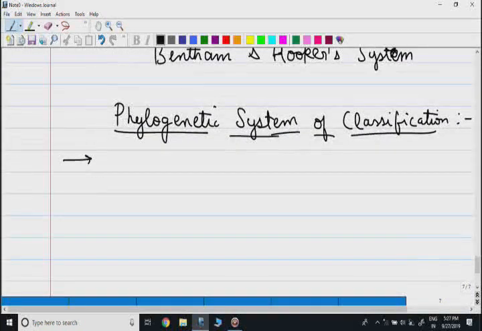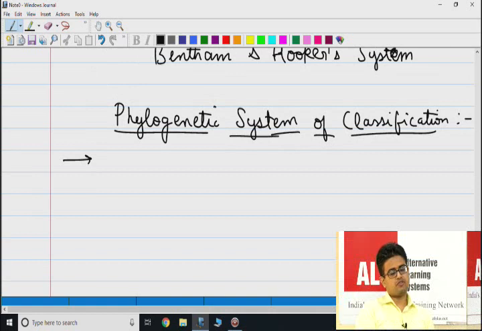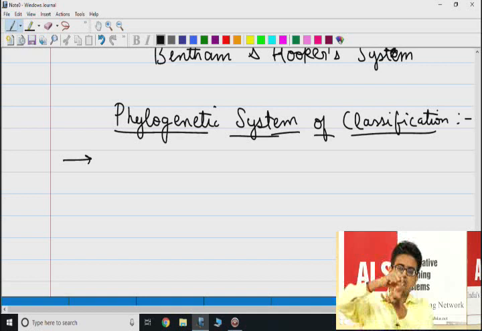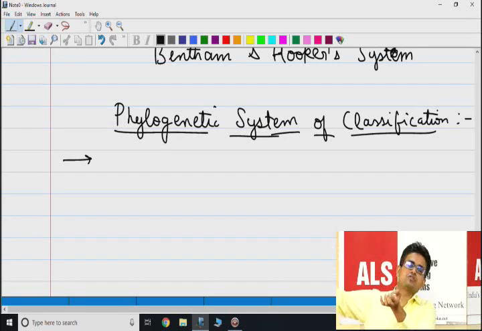So what is the phylogenetic system? Phylogenetic system of classification is based on phylogeny. Phylogeny means evolutionary classification. Everybody knows how a tree undergoes branching, the branches forming upwards, right? Acropetal succession it is called.